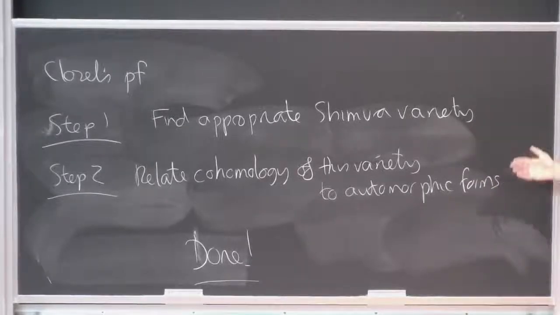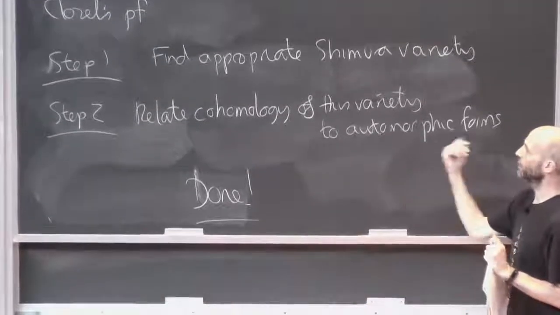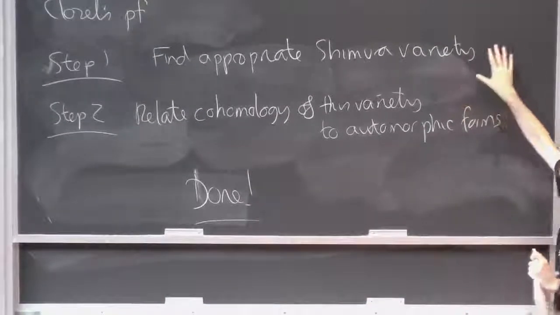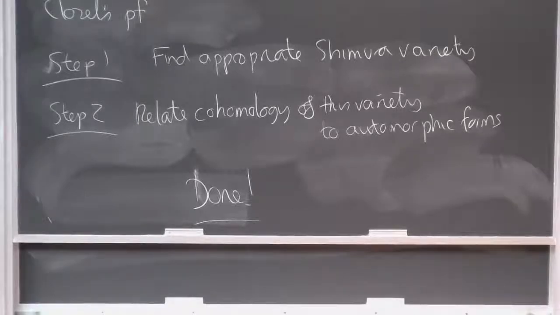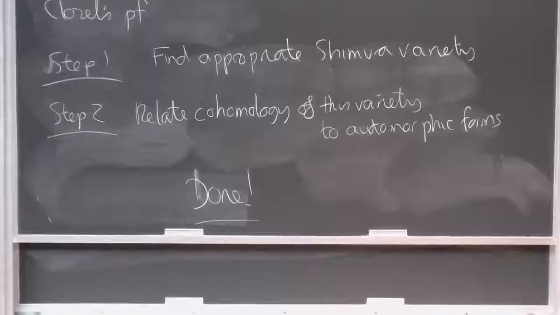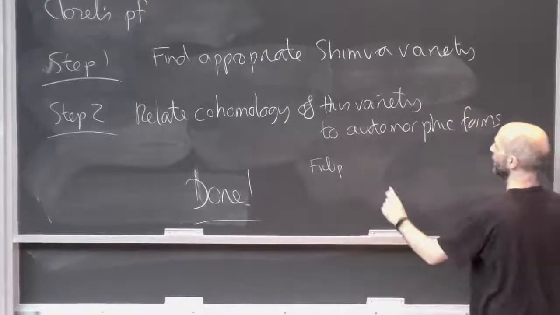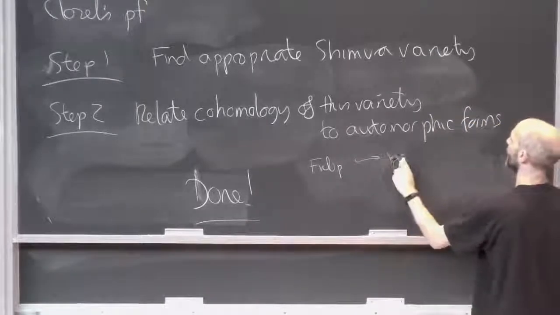We compute the cohomology of these varieties using a machine, and the machine spits out a relationship between the cohomology and various automorphic forms, and then we have Frobenius acting on the cohomology, and this is somehow related to some Hecke action.